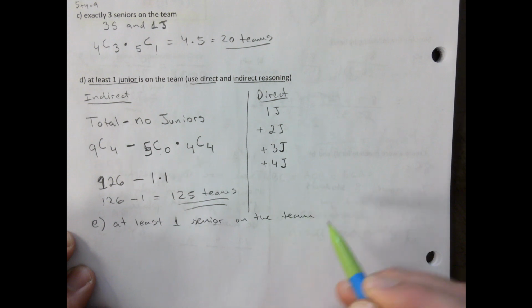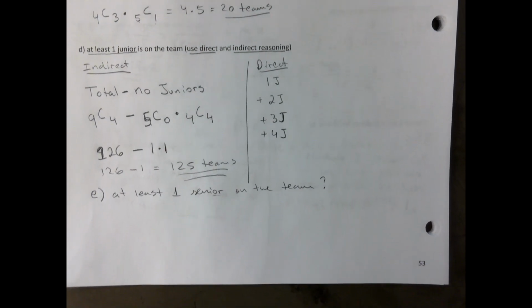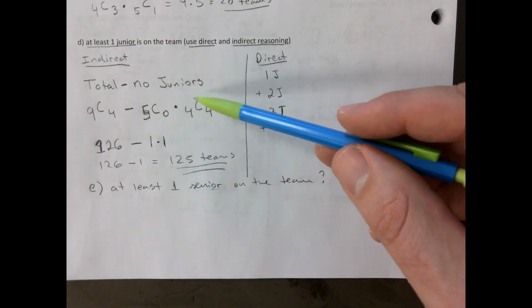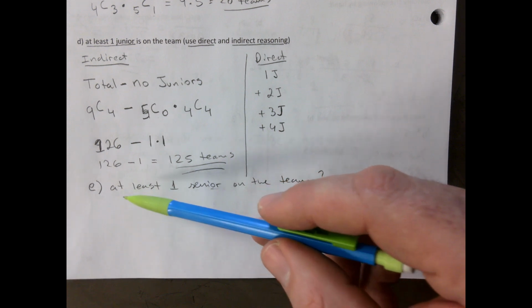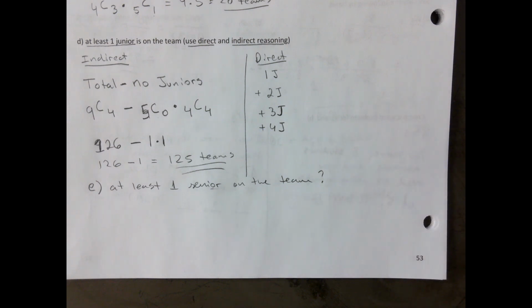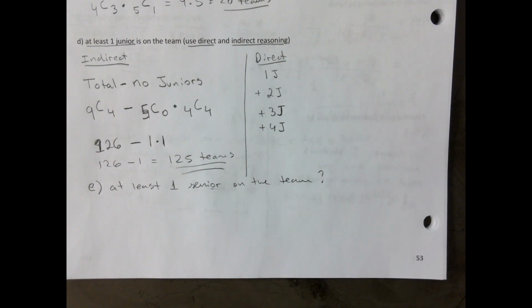I'm going to ask you to try that right now. How will this change? Instead of total minus no juniors, you will go total minus no seniors. You'll get rid of the teams that have no seniors in it, and then you're guaranteed everything else will have at least 1 or more. Okay, try that. See what you get.